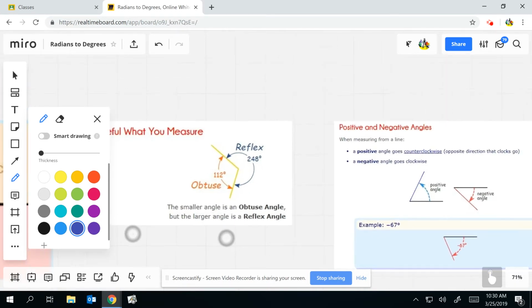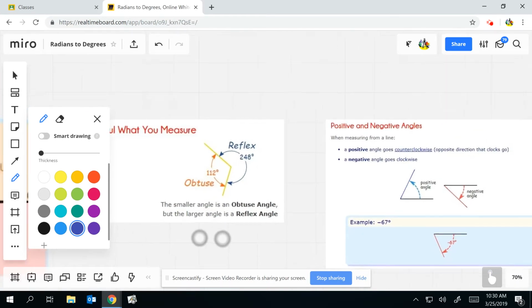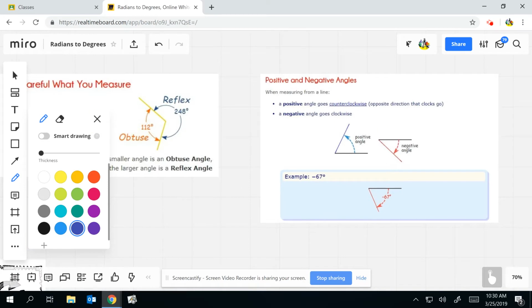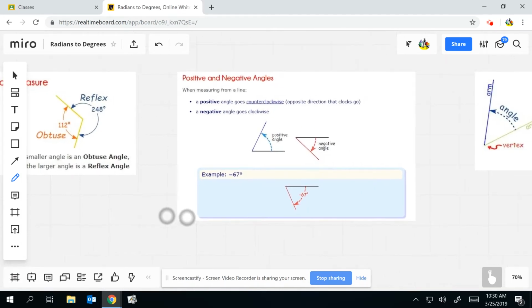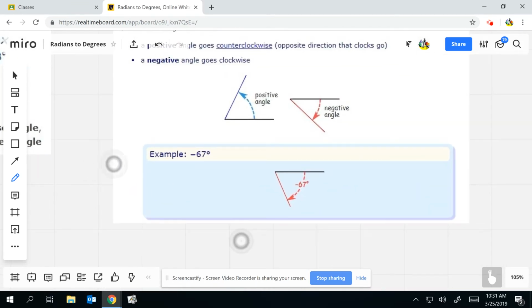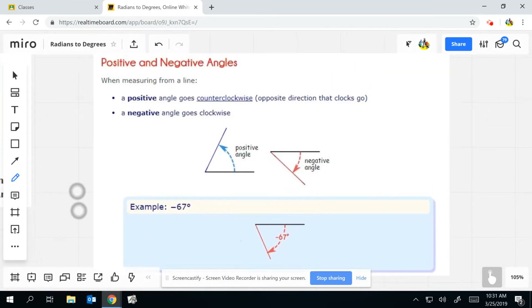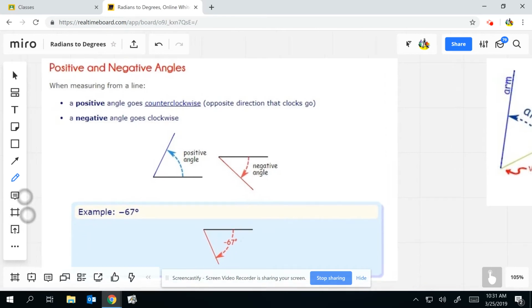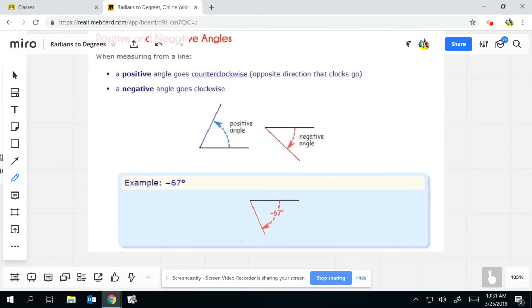The last thing that I want to show you is the negative angles. There it is. Negative angles are going to go downward. Positive angles will go up, counterclockwise, and negative angles will go down, clockwise. So this is negative 67 degrees right there.